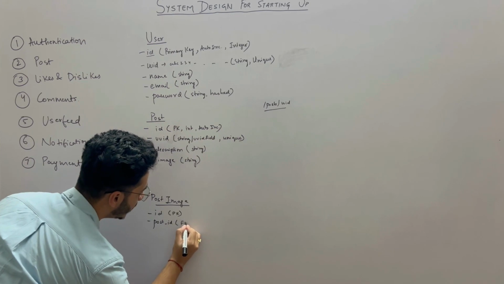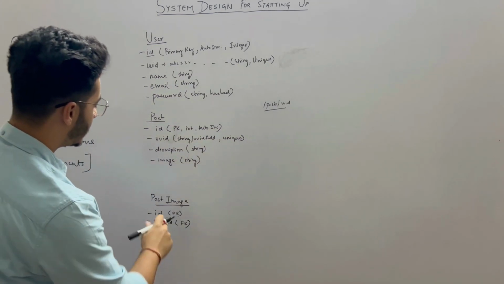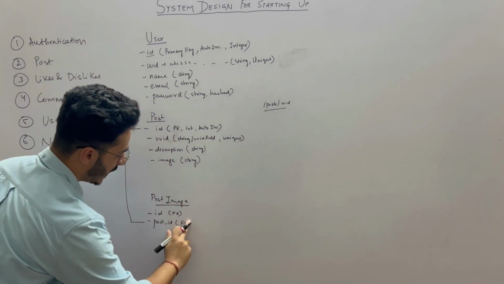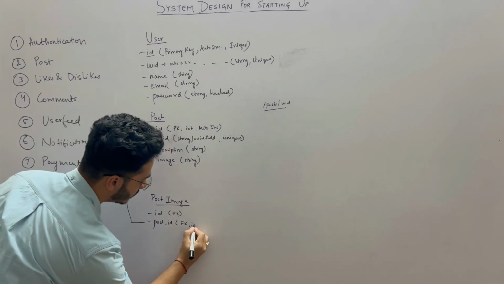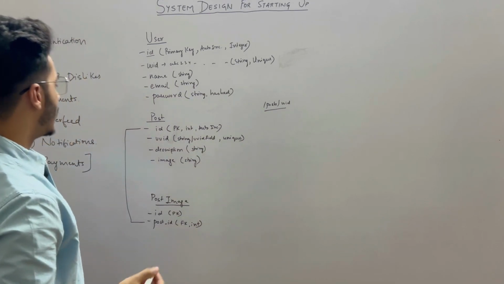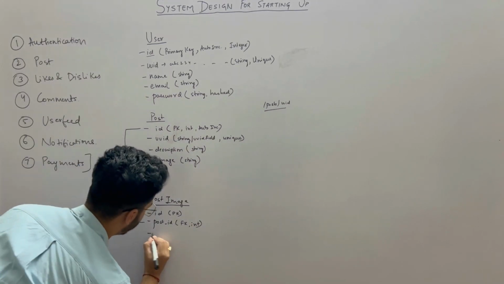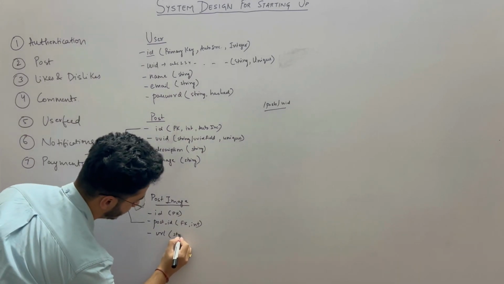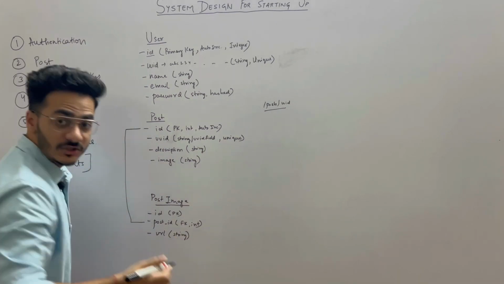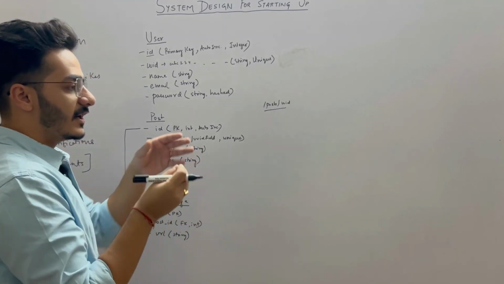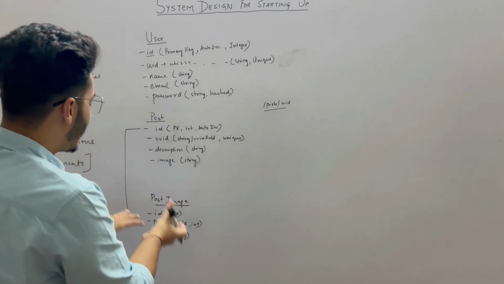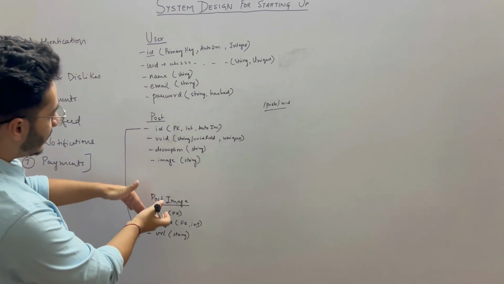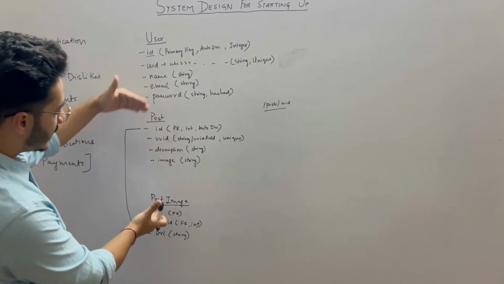That will be a foreign key, and this will be linked basically to this. Okay, and of course this will be an integer, right? And then we will be having URL that will be string. Of course you can add some URL regex validators in the backend to validate the URL and all that stuff. So now basically multiple images can be linked to a single post.